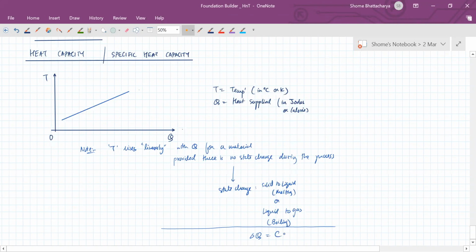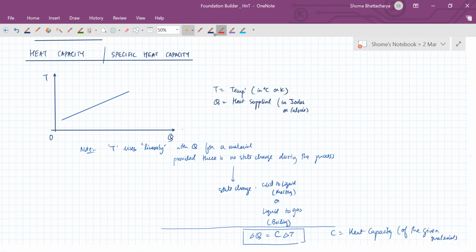Okay. And delta Q is equal to C delta T, where C is the heat capacity of the given material. So if we are supplying a certain amount of heat, delta Q, to achieve a certain temperature difference, delta T, the heat capacity is nothing but heat supplied per unit temperature change.